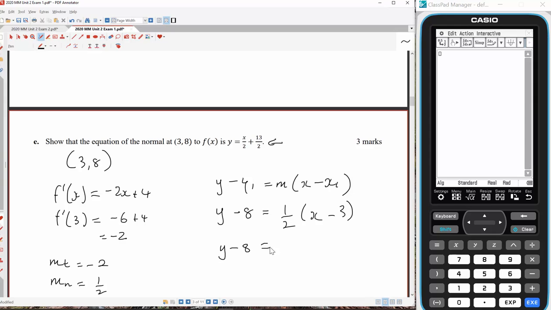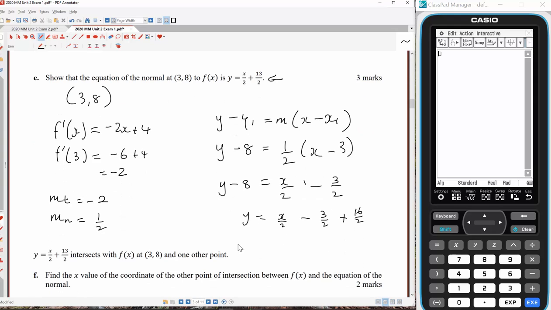All right, y take 8 equals x on 2 take away 3 on 2. y equals x on 2 take 3 on 2 plus 8, which is 16 on 2, so y equals x on 2 plus 13 on 2 as required.